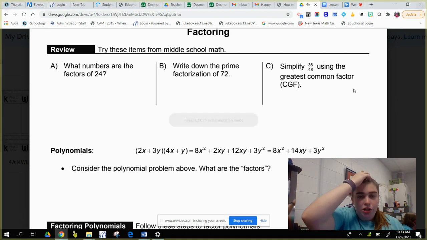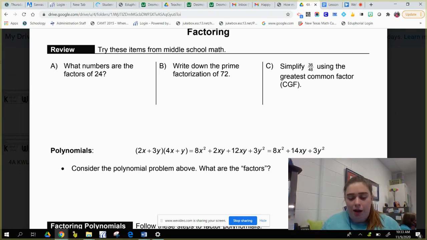Okay, so hopefully you got a chance to work on those, figure out anything about any of those 3. So let's go over those really quick. This is pretty easy stuff, especially A. So when we think of listing the factors of a number, it's any numbers that we can multiply together to make that number, which is 24 in this case.